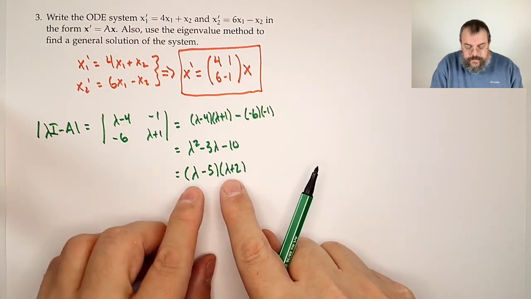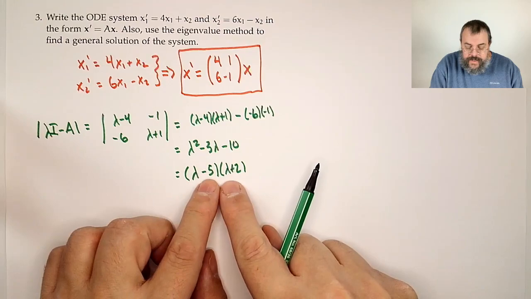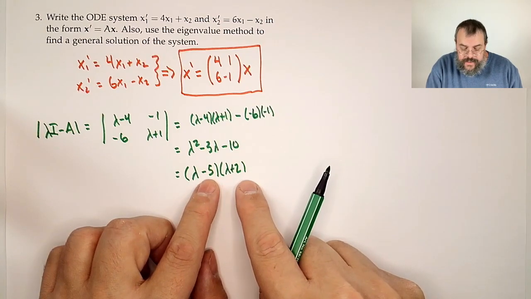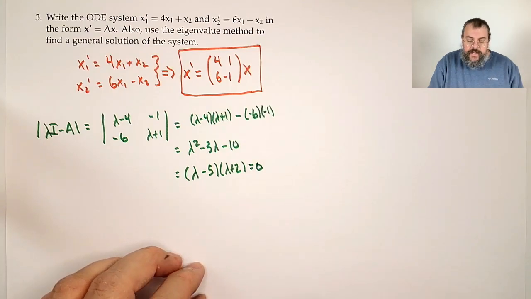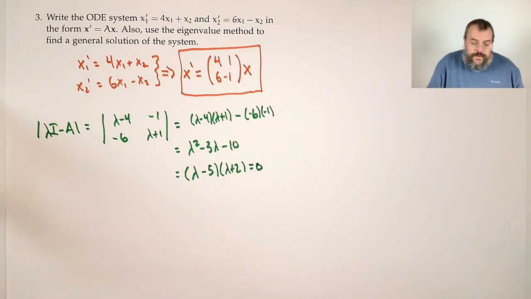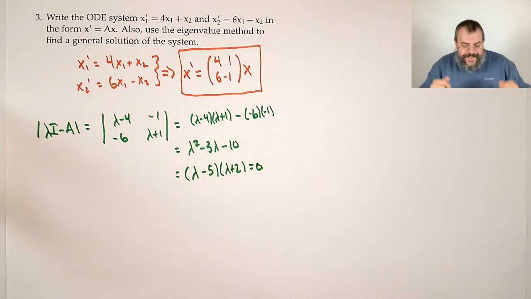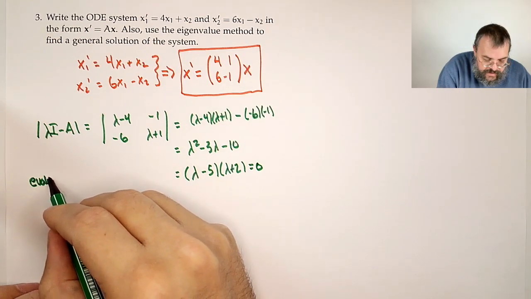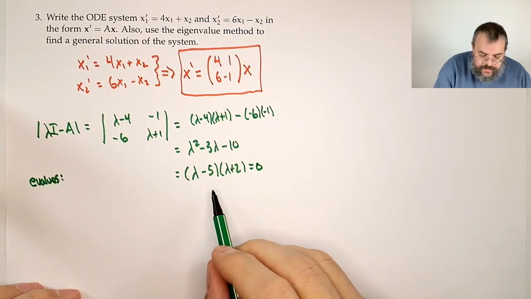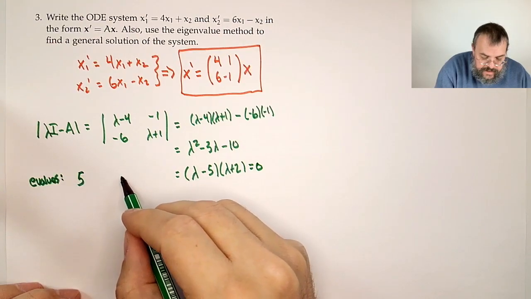And you can check. Lambda squared, good. 2 lambda minus 5 lambda, that's minus 3 lambda, and minus 10. And remember, we set that equal to 0. And so now we're like, aha, good. We know our eigenvalues. So our eigenvalues are going to be 5 and negative 2.